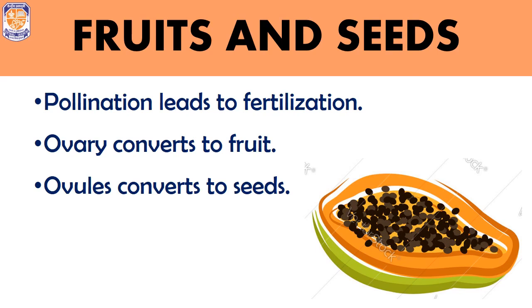The species must be the same. So if pollen from an apple flower is transferred into a mango flower, then nothing will happen, no fertilization will take place. So for fertilization to take place, the pollination should be between the same species.